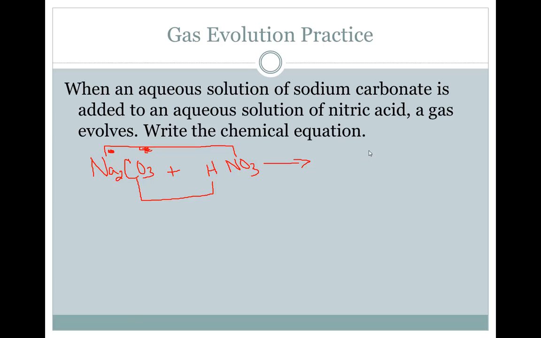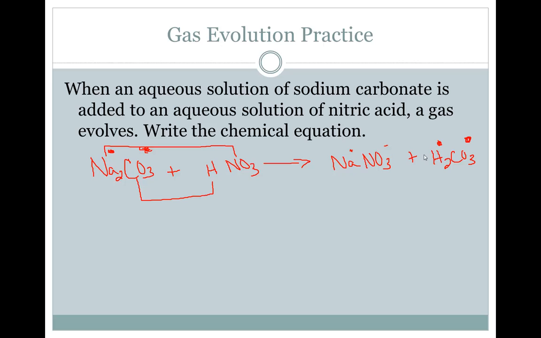So the Na is now with the NO3. Na is a +1, NO3 is a -1, so it's NaNO3. And then the H is now with the carbonate. H is a +1, CO3 is a -2, so it's H2CO3. It might help to balance it at this point, so that way we know where our atoms are before we start breaking things down further.